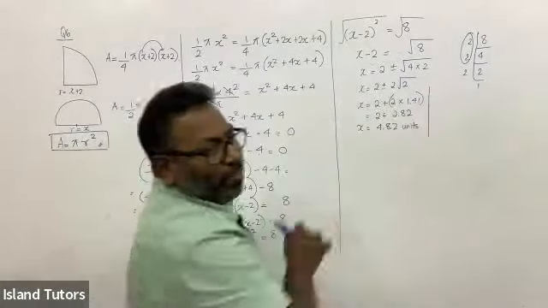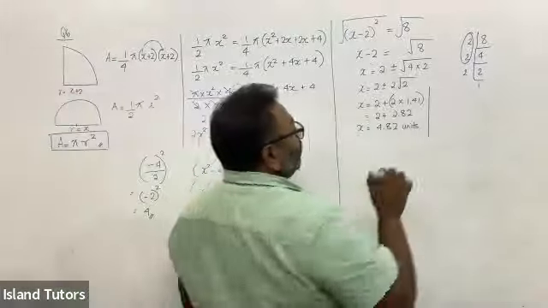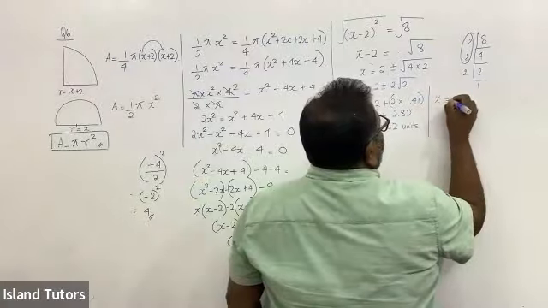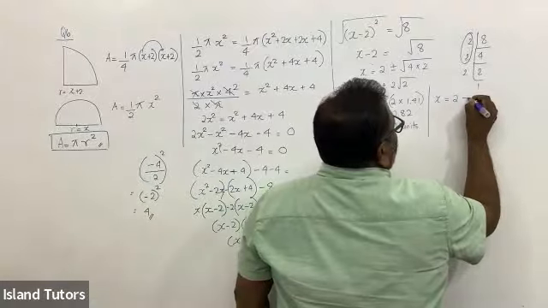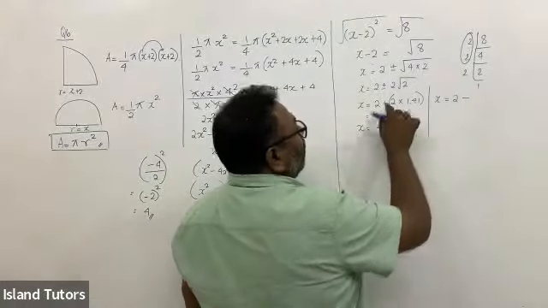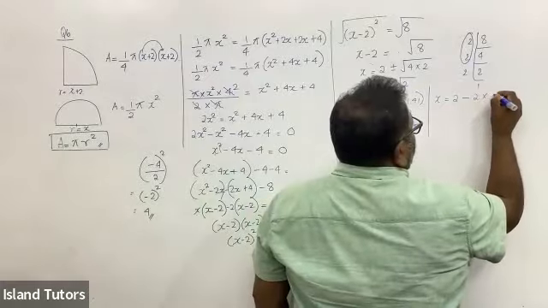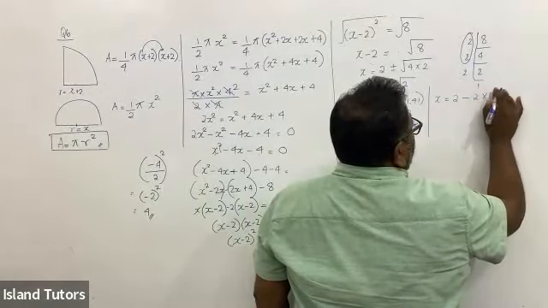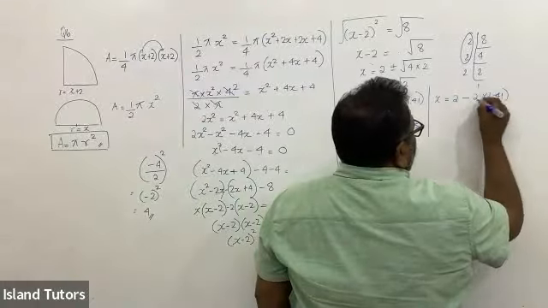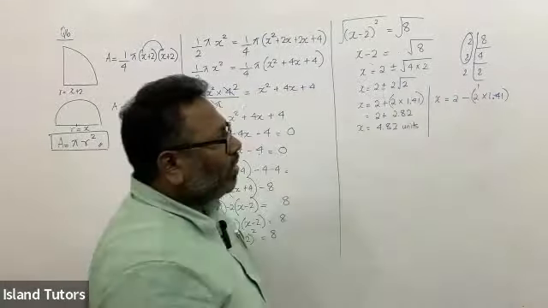Or x can be another value also. Why? It's plus or minus square root. So x therefore is equal to 2 minus 2 multiplied by 1.41. Got it?